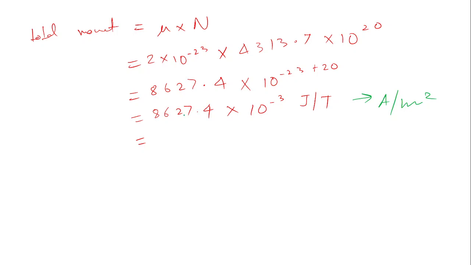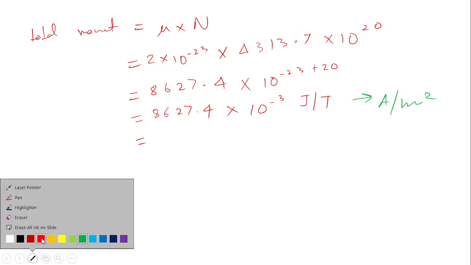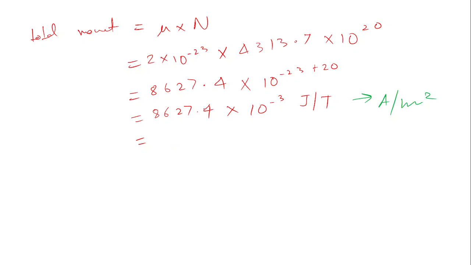If I move the decimal point, it will be 8.6274 times 10 to the power 3.